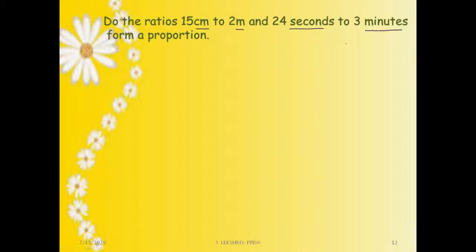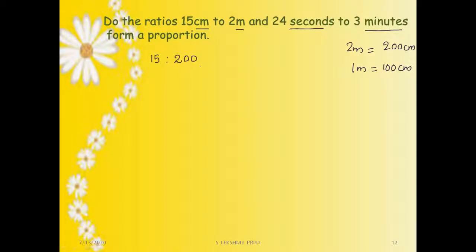So, 2 meter we are going to convert into centimeter, and we know that 1 meter equal to 100 centimeter. So 2 meter is equal to 200 centimeter. So the ratio between 15 and 2, it's not 2 actually, 200, and there is no unit for ratio.